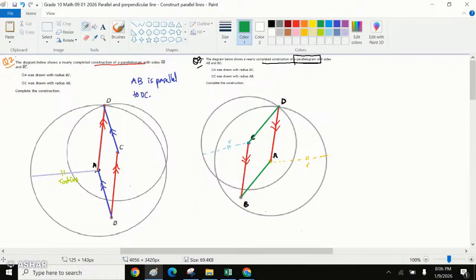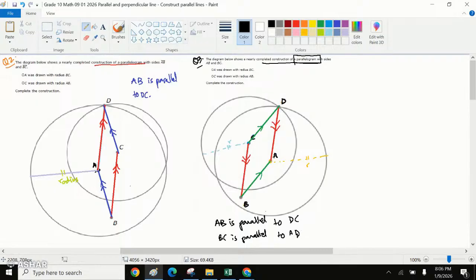Okay, so if we place it between C and D, we can say that now we have two pairs of parallel lines, right? Because we can say AB is parallel to DC, and BC is parallel to AD, right?